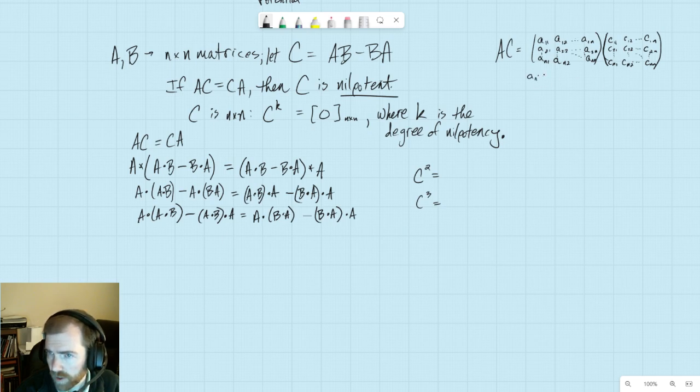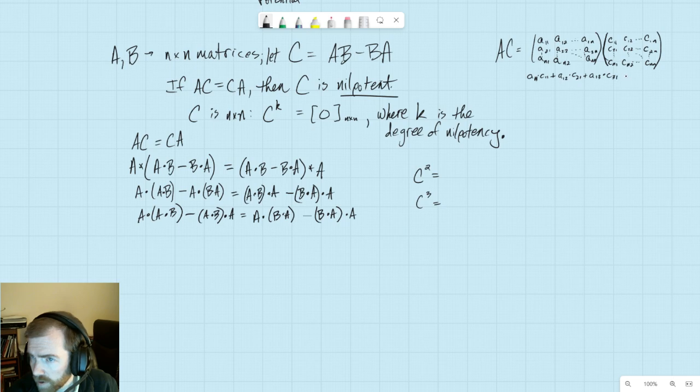So A11 by C11 plus A12 by C21 plus A13 by C31 plus out to A1N by CN1.